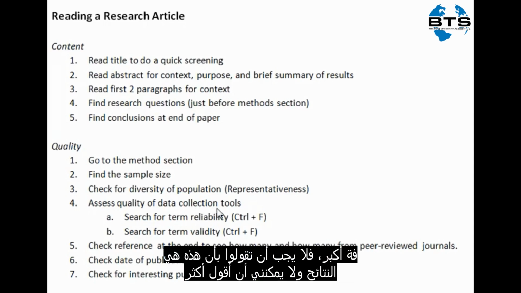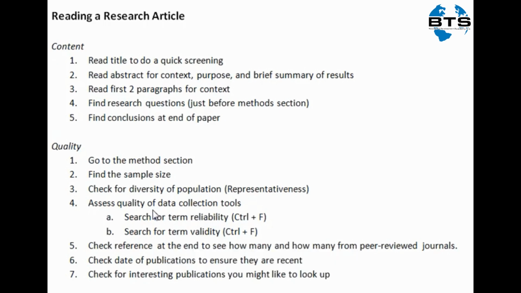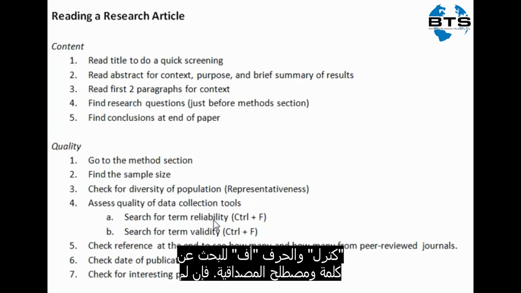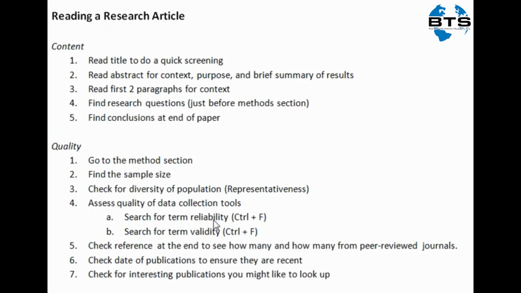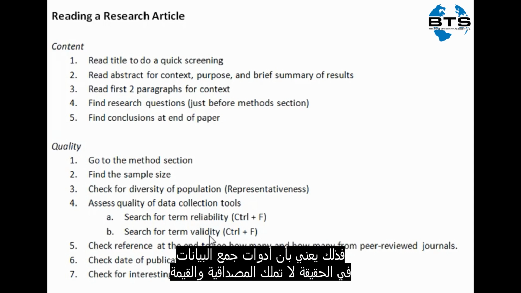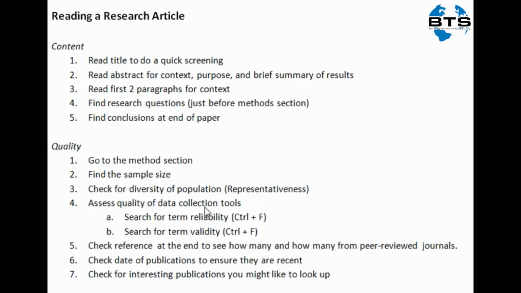You can't say anything else about other groups. And then if you want to assess the quality, I do a little cheat: I do a Control F and search for the word reliability. If I can't find the word reliability or the word validity in the paper, that means the data collection tools haven't been checked.